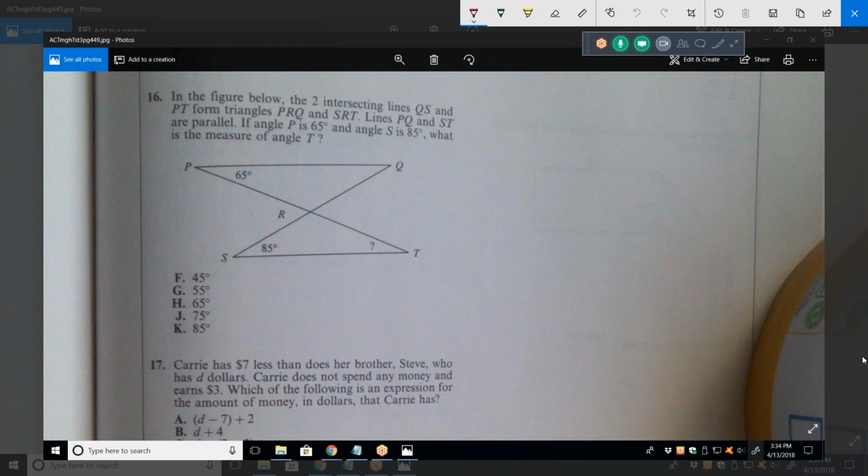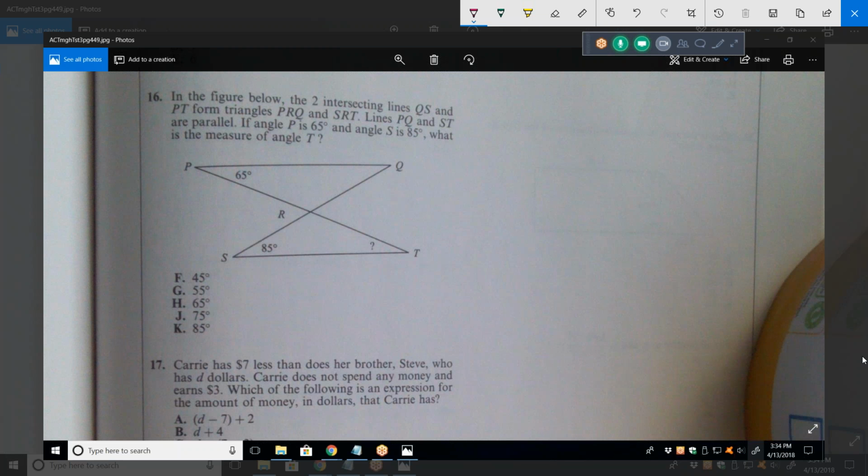All right. Another problem that looks like parallel lines and transversals, right? I mean, that looks fairly parallel to that. I don't see anything that says it's parallel, so we'll have to read the problem. But undoubtedly, this is a problem about parallel lines and transversals.